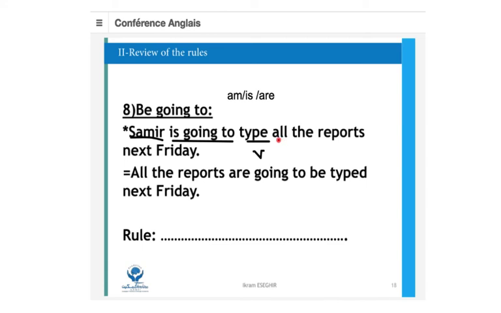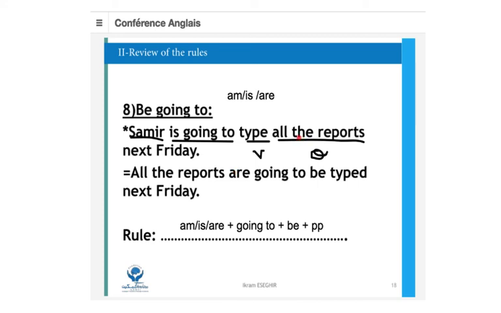And Samir is going to type what? All the reports. Okay? So, what is the rule for this expression? The rule is that we put is or are plus going to plus be plus past participle.